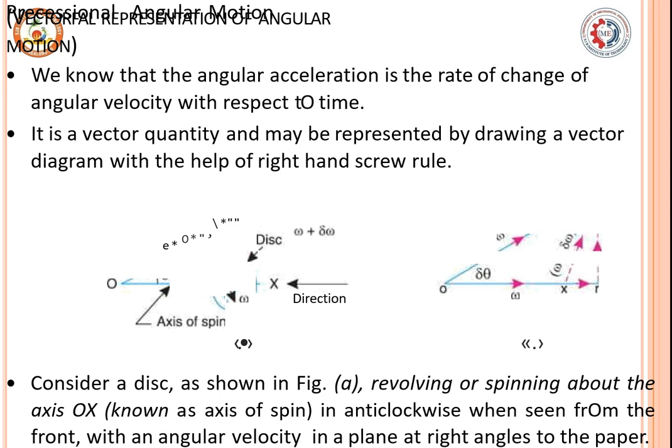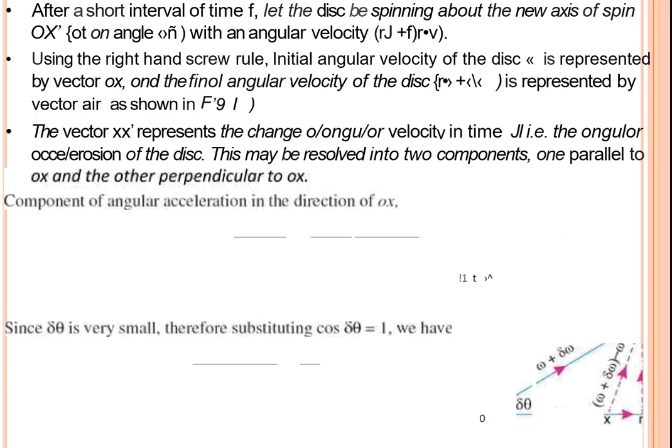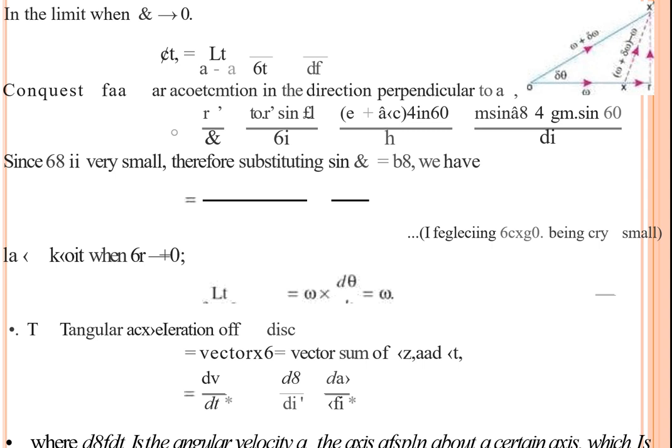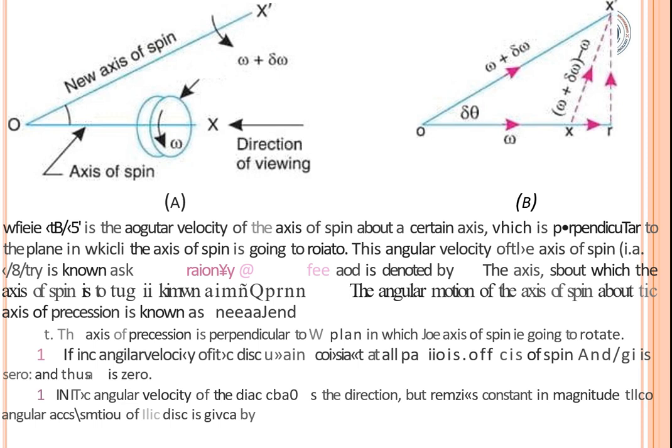Here when we go with the disk motion, we are going to consider the various motions of the aeroplane. When we take the limit, omega into d theta by dt will be equal to omega. So velocity is considered, and different elements are considered.